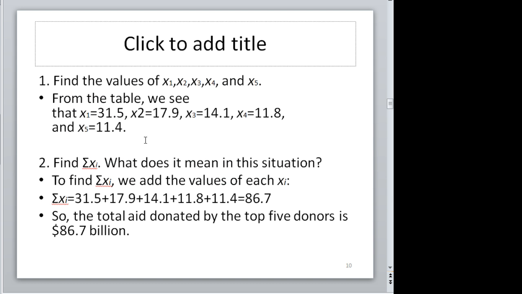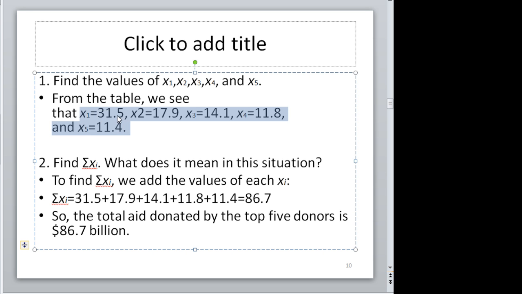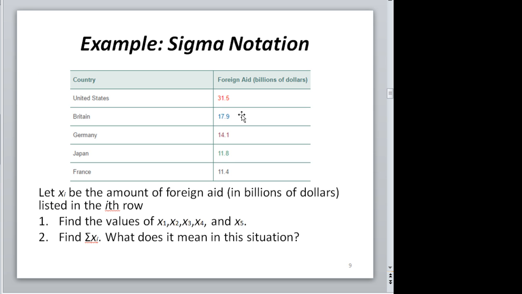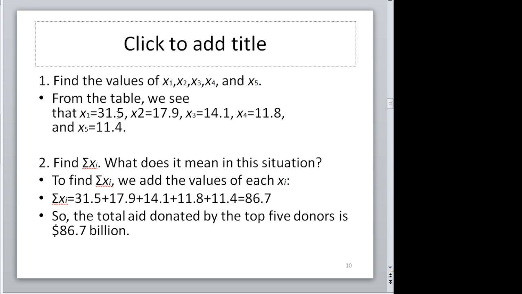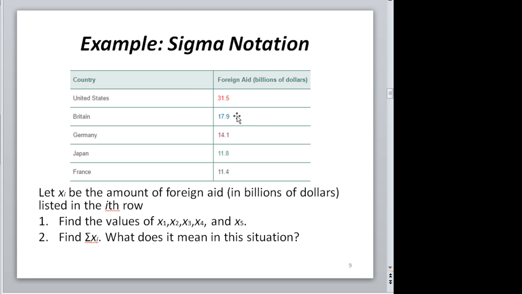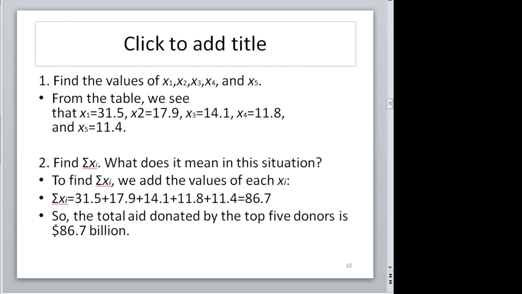Okay, so let's go to the solution. Finding all the x1 to x5 gives these numbers, and we get these numbers from the table: 31.5, 17.9, and 17.9 was from Britain.